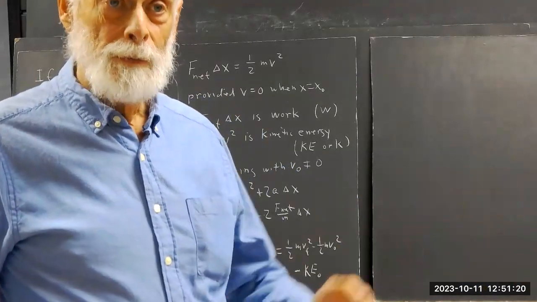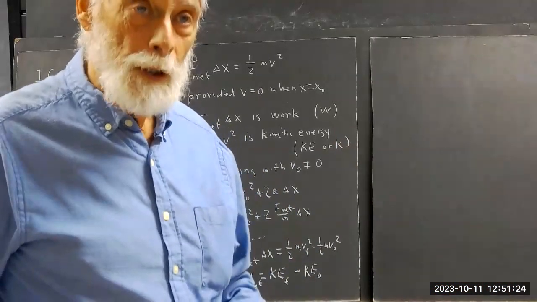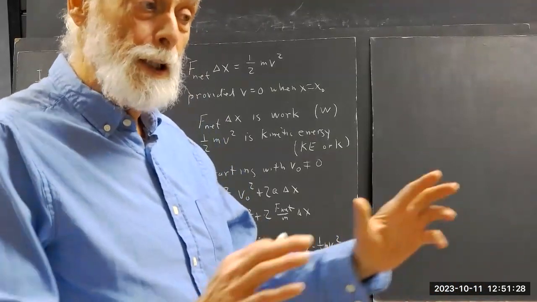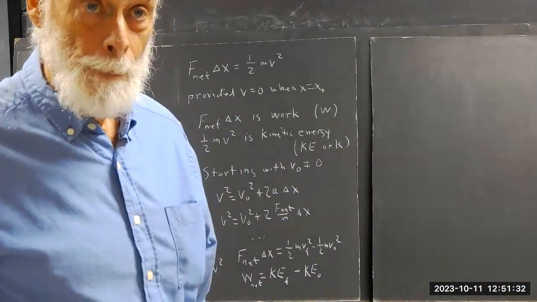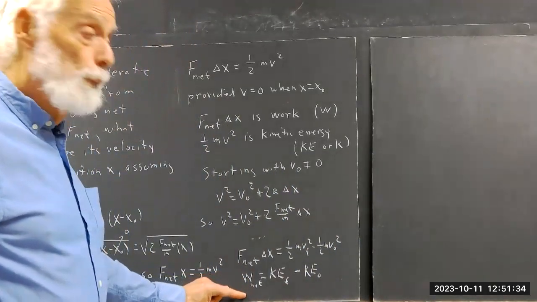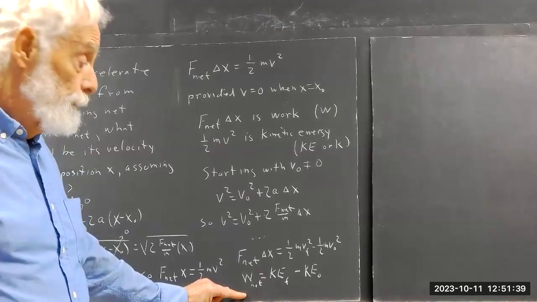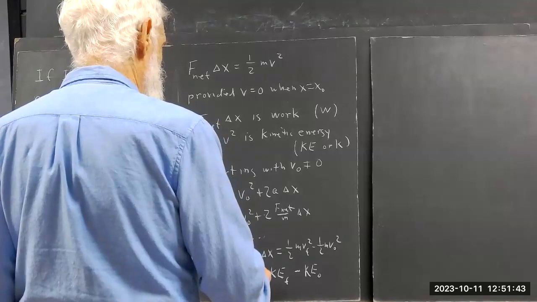I do more work than the change in kinetic energy because friction requires me to push harder than the net force. The force I exert has to be greater than the net force because the friction opposes me. We don't want to confuse the work I do with the work done by the net force. That's very important.